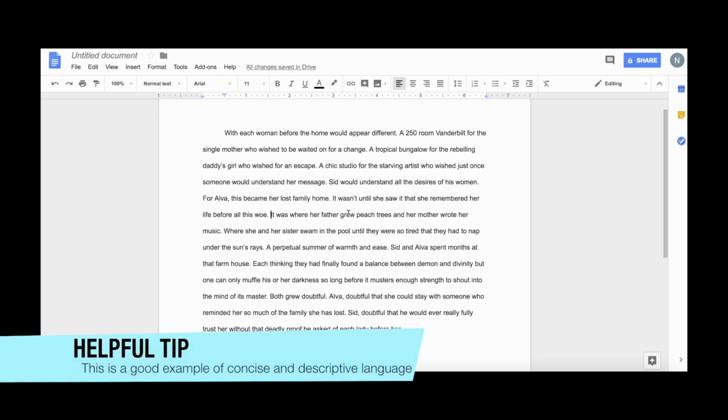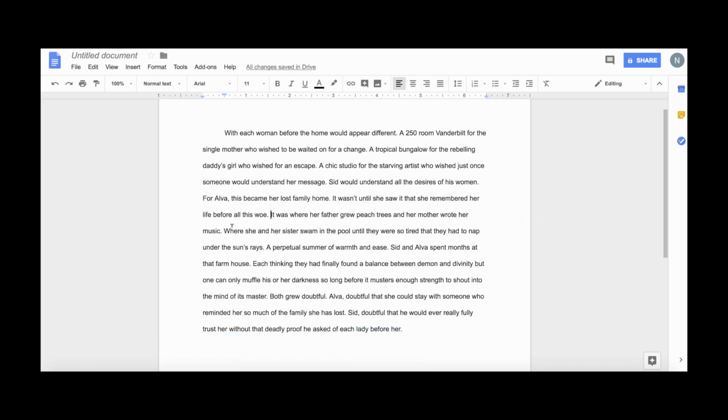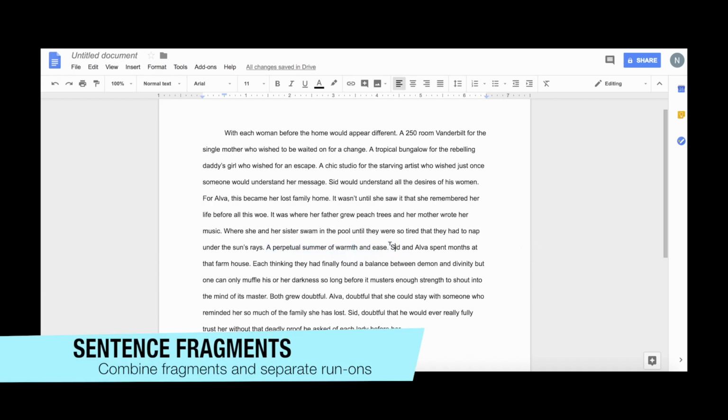It was where her father grew peach trees and her mother wrote her music, where she and her sister swam in the pool until they were so tired that they had to nap under the sun's rays, a perpetual summer of warmth and ease. So you'll notice that this sentence sort of stands alone and doesn't really add much meaning.